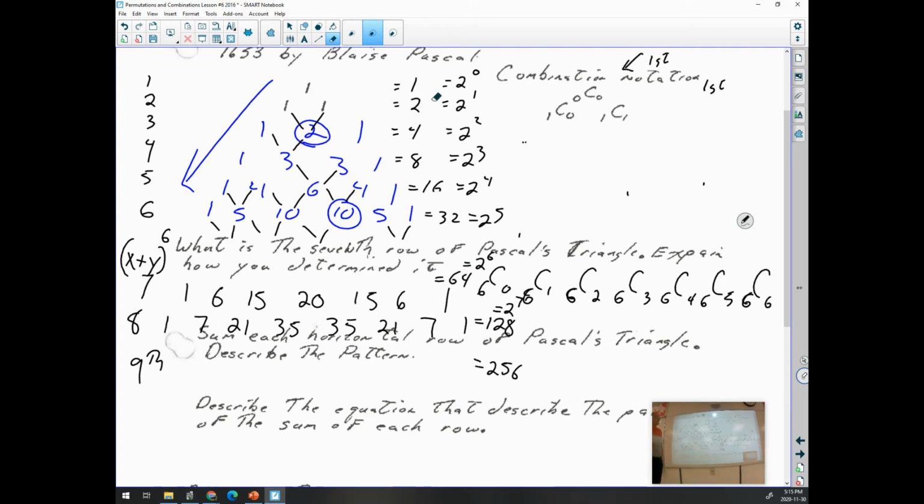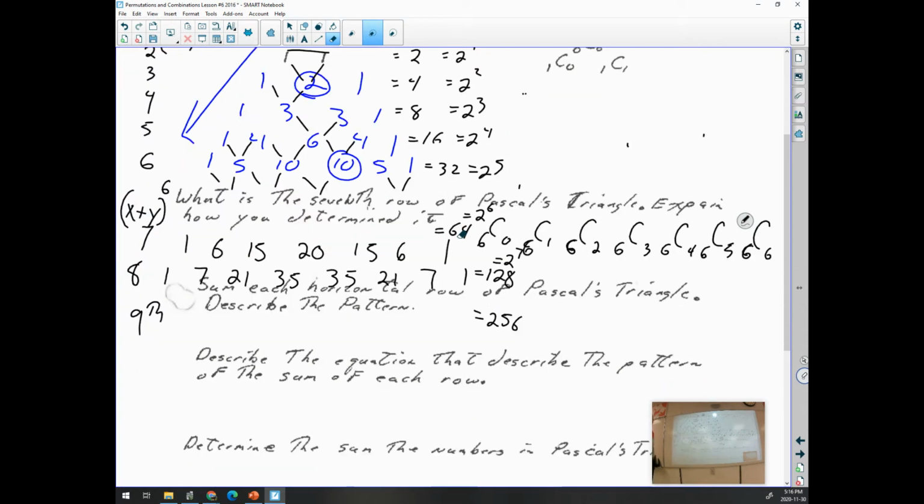Notice how the row number corresponds to what's up here. The first row is 2 to the 0, so 1 less than the row number. Now, if we talk about expansion, this first row corresponds to (x + y) to the 0.